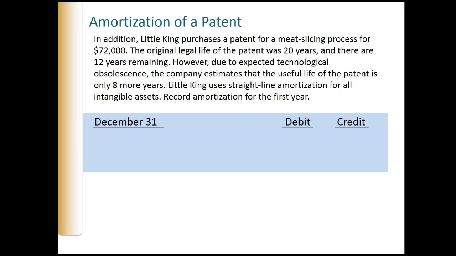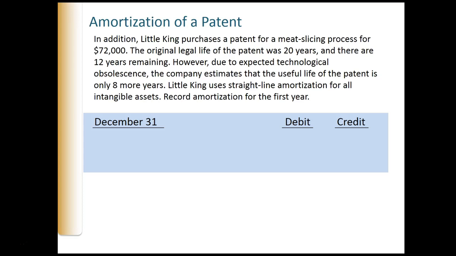Now, as we move on, let's look at another example. In early January, Little King acquires franchise rights from Hero for $800,000. The meat slicing process cost $72,000.